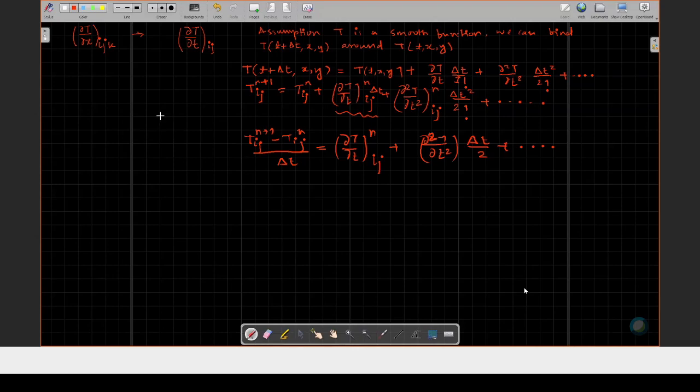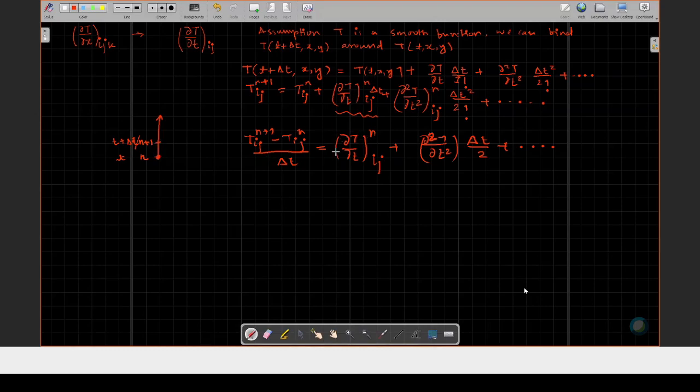If you have a time axis with different levels, the nth level and the n plus 1th level, around the nth level that is t, and this is t plus delta t. You want to find the value at t plus delta t around t, and that can be obtained from Taylor series.